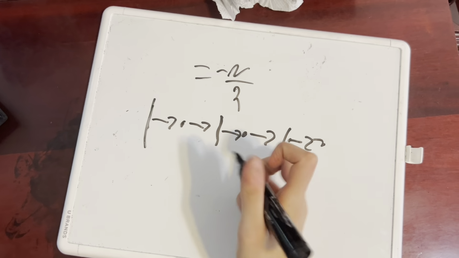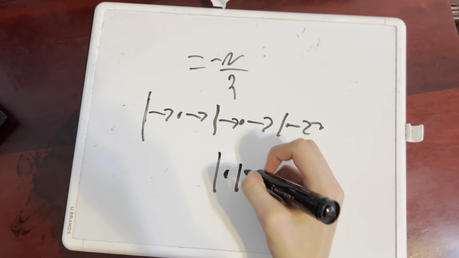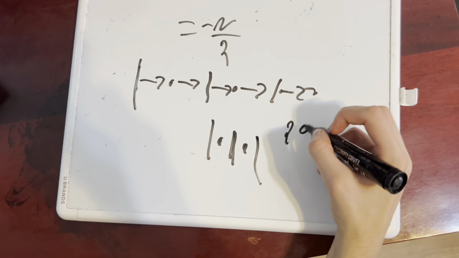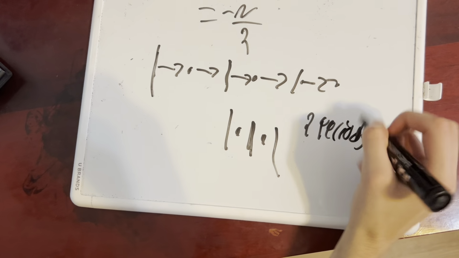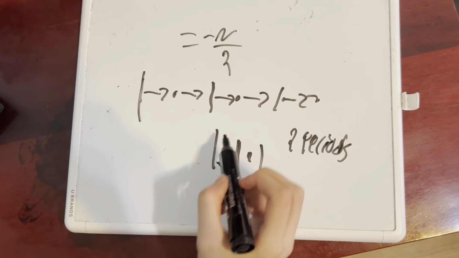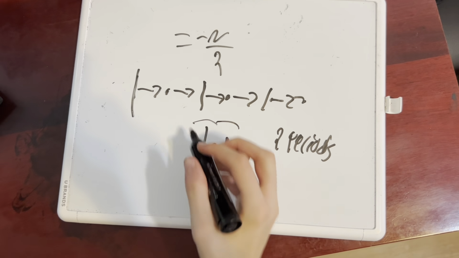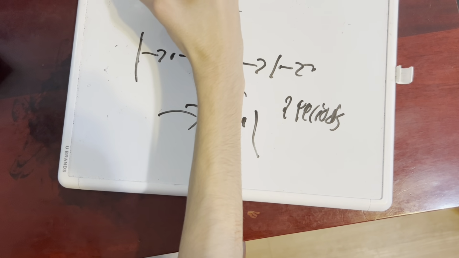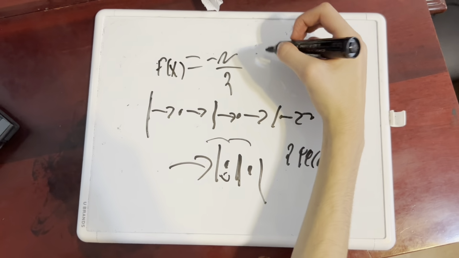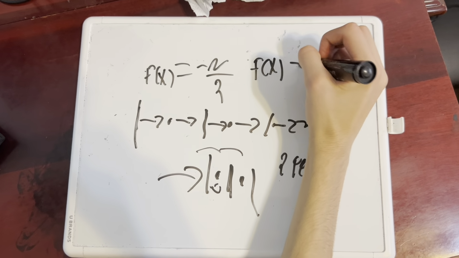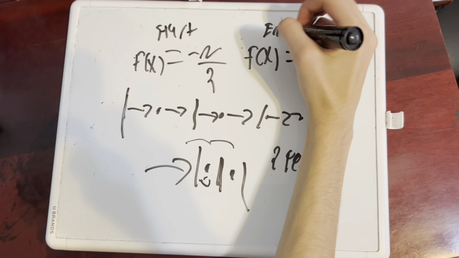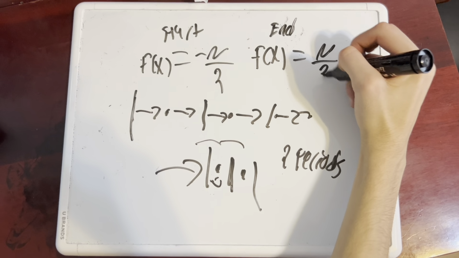Two complete periods, as I said, is always going to be this, this, this, and this. This is 2 periods. You can start this way so that you can easily find the next 2, but I would rather start using the asymptote. So do your endpoint negative pi halves. So f of x can equal this, and then f of x for your end. This is your start, and this is your end. That can be pi halves.